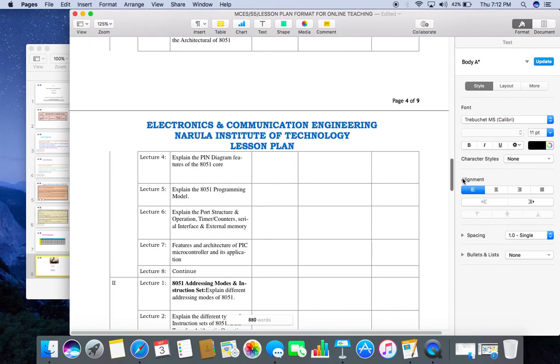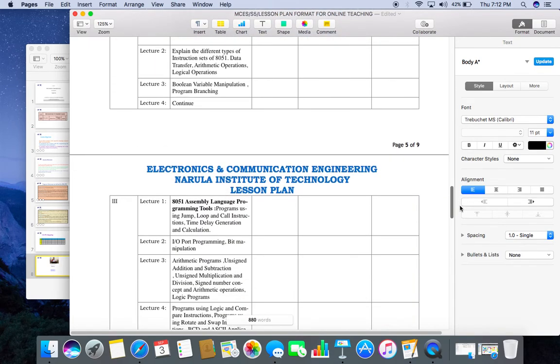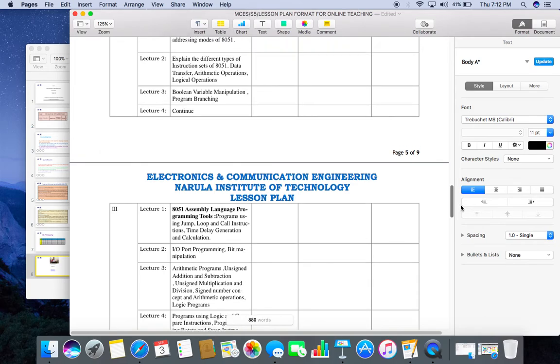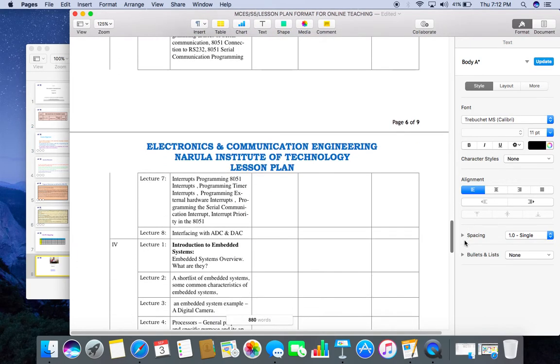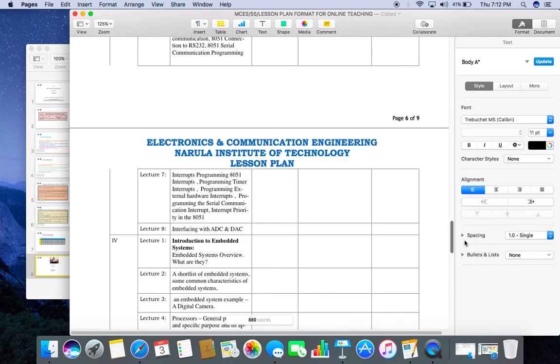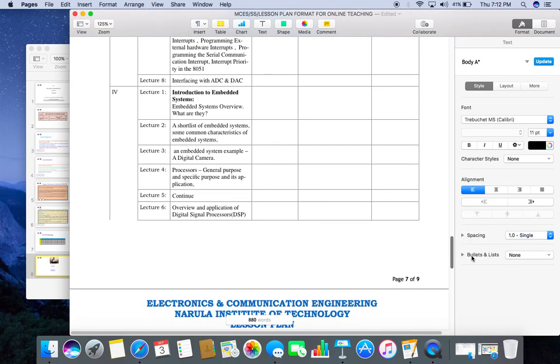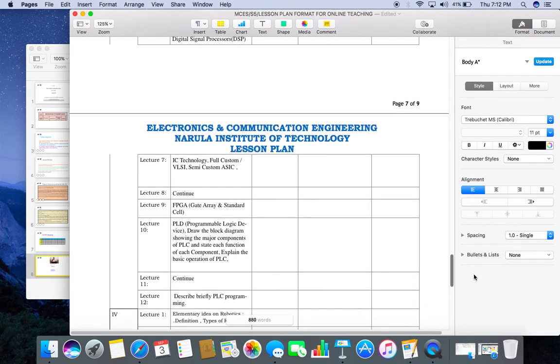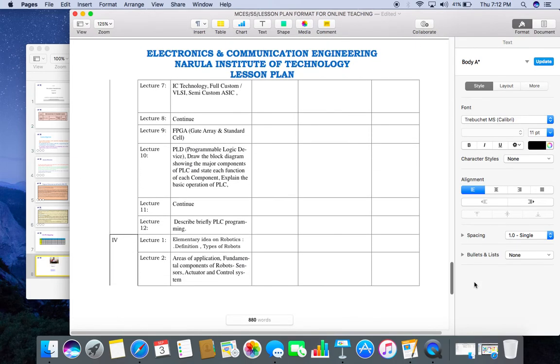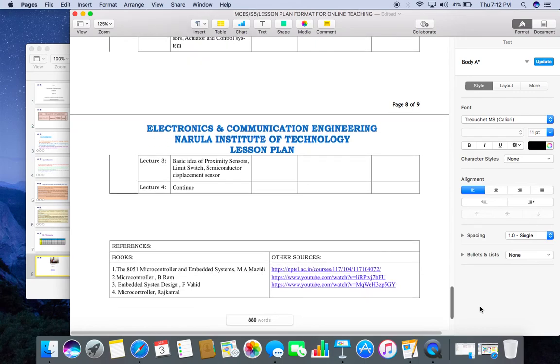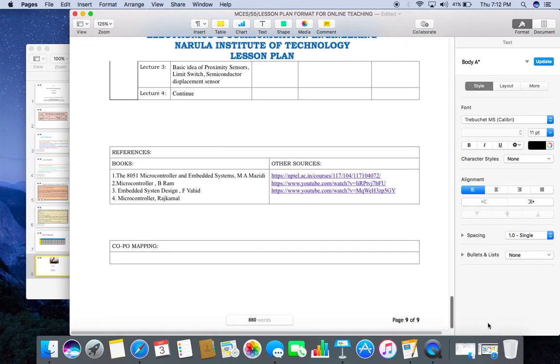Second module, 8051 addressing modes and instructions. Third module, 8051 assembly language programming. Then fourth is introduction to embedded systems, and fifth is the elementary idea of robotics, and these are the references.